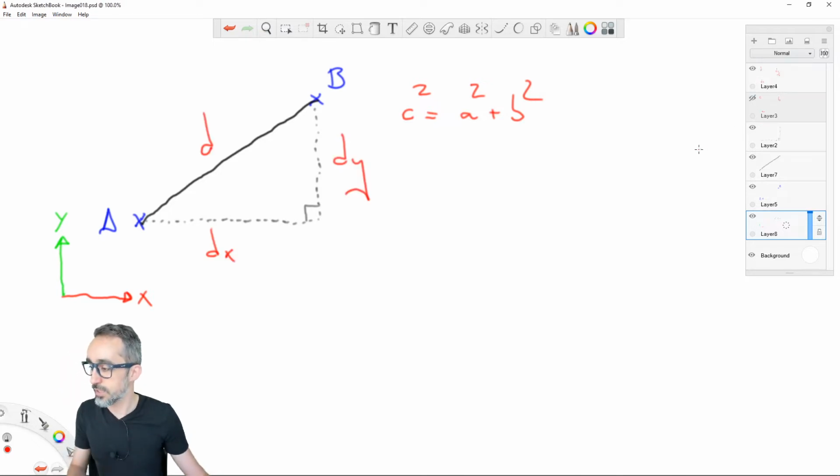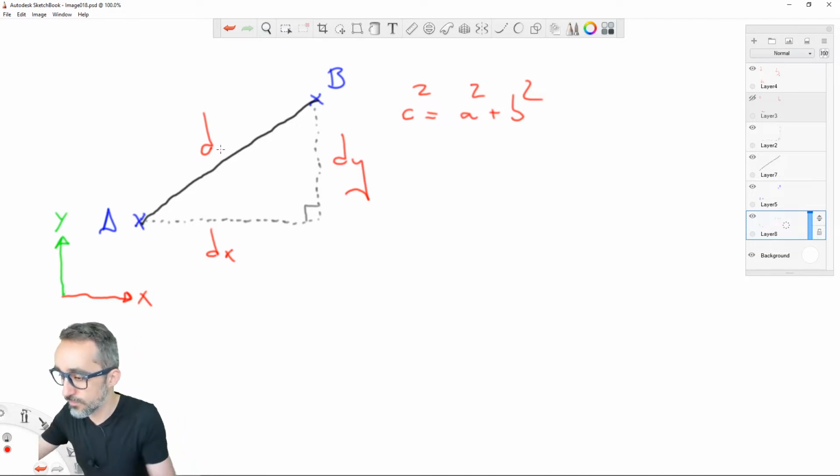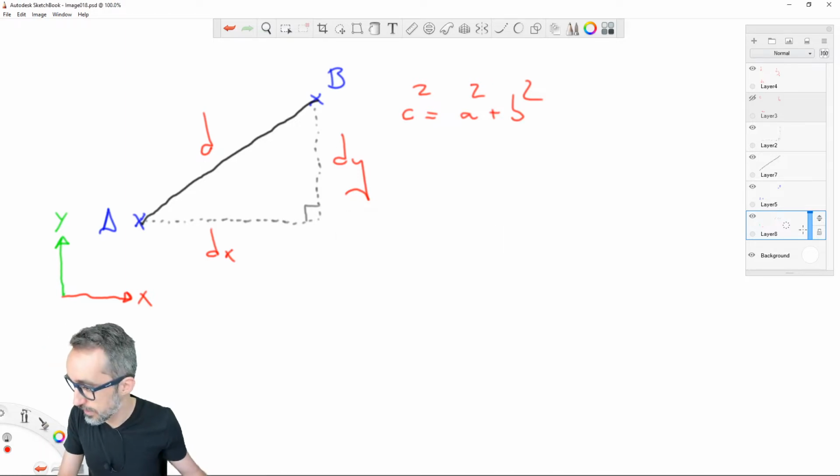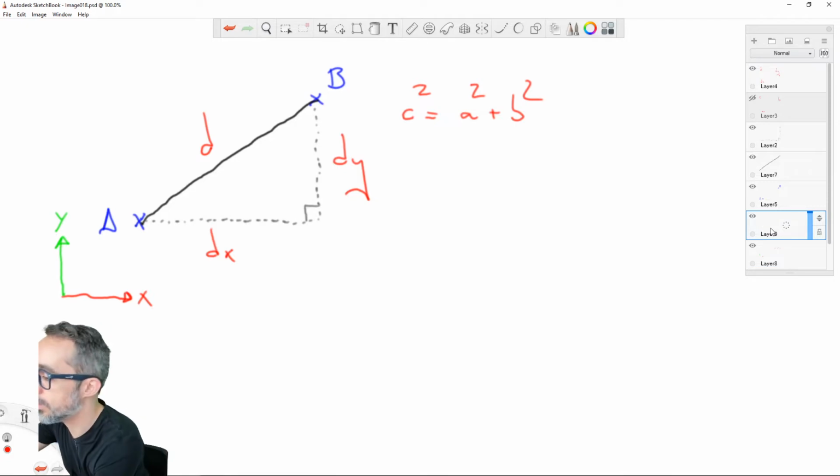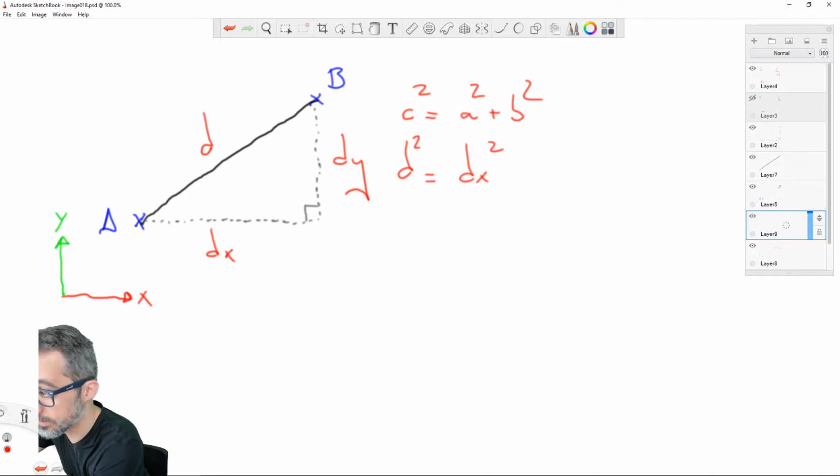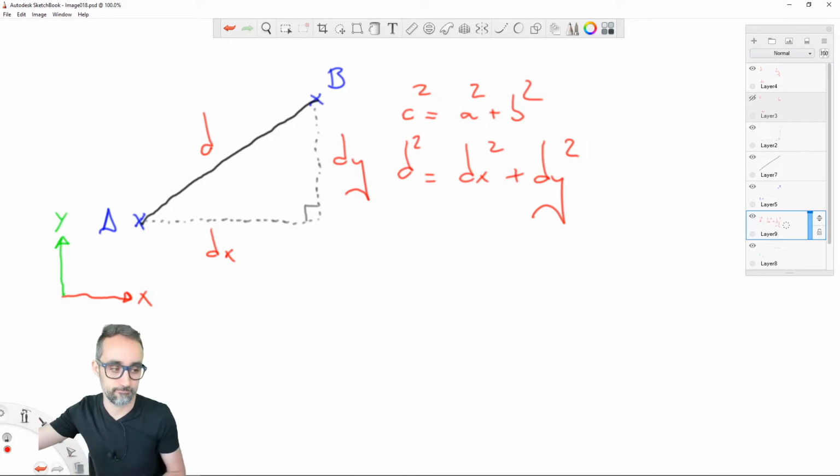If I rename these variables, distance in the x direction, distance in the y direction, and this side here d, then the problem now becomes: the distance that we're trying to find equals the square root of the square of the distance in the x direction plus the square of the distance in the y direction.